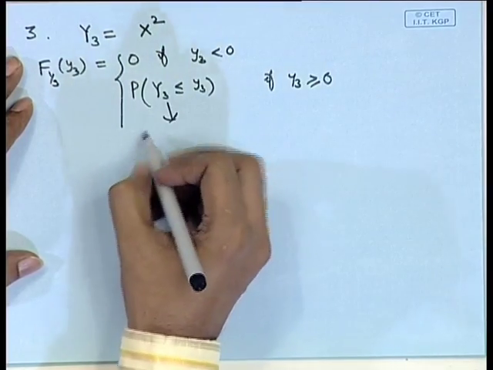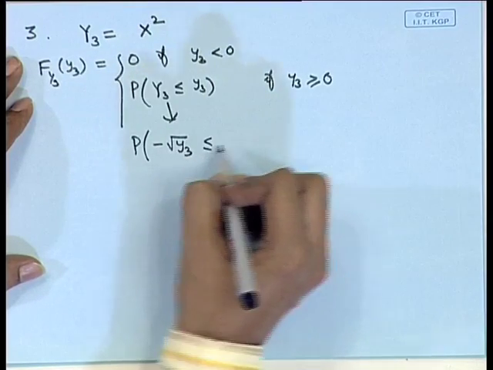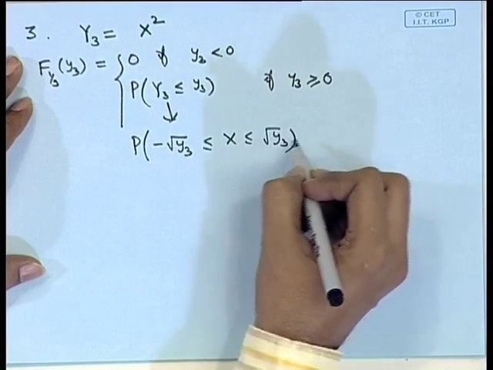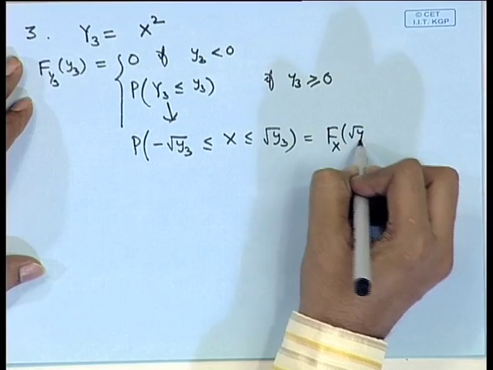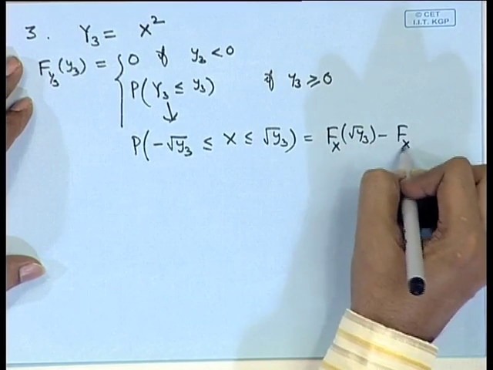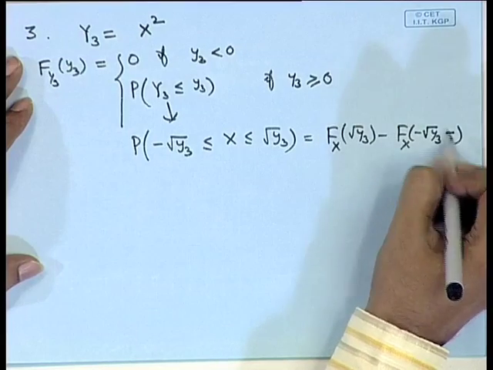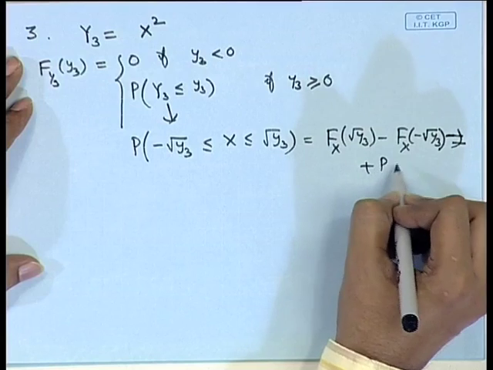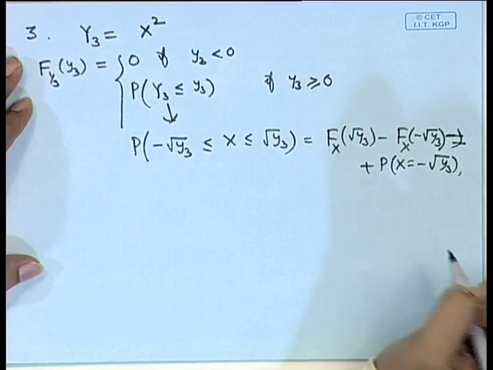Now, this quantity becomes probability of minus square root y 3 less than or equal to x less than or equal to root of y 3. So, that is equal to F of root y 3 minus F of minus root y 3 minus, that is the left hand limit at this point, which we can express as this plus probability of x is equal to minus root y 3.